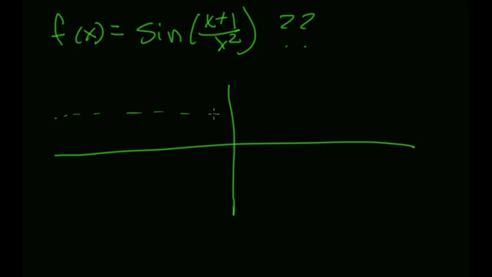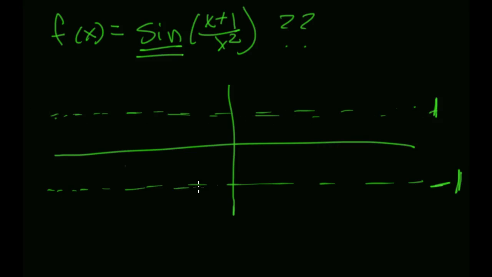This function, no matter what it does, is always between -1 and 1, because the sine is always between them. Okay, so that means this function is trapped in here. And as I get close to 0, it's still trapped, which means that if I'm coming from the left, it goes and gets stuck.